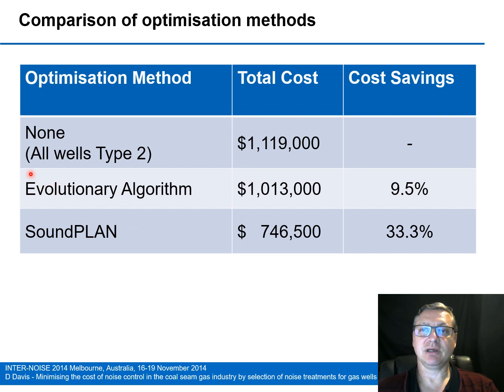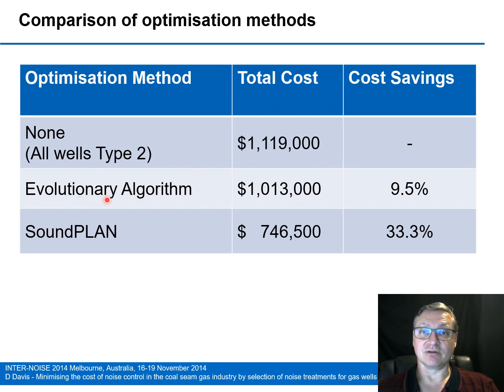So if we compare the effectiveness of the two different optimization methods that we've looked at, and we consider the case where all of the wells were given type 2 noise mitigation treatments as our base case, where we know that the noise limit was achieved at all of the receivers for a cost of $1,119,000.